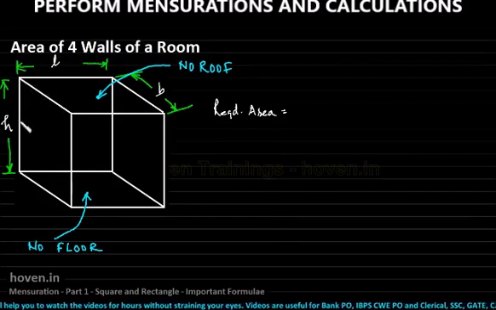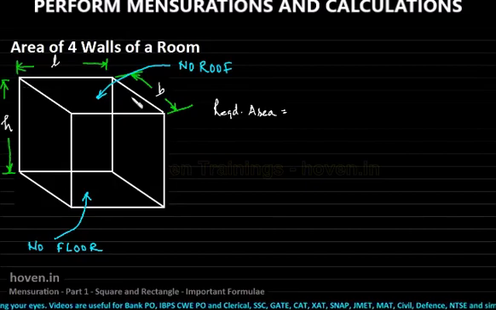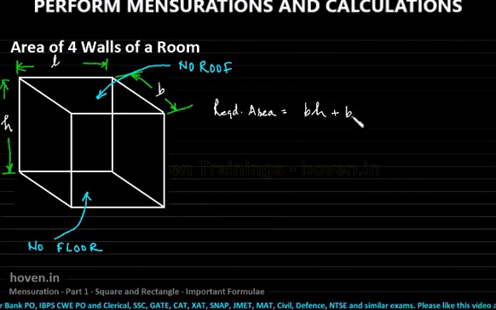This is B and this is H. So this is one rectangle. The area of this wall will be BH. Since there is an equal area opposite this, so we will write it as BH plus BH. This is for this wall and the opposite wall.